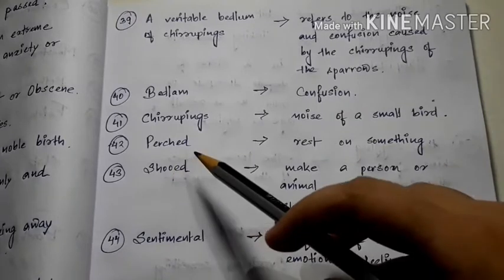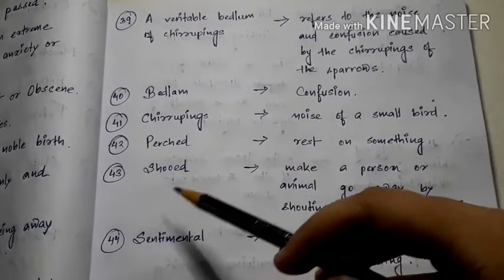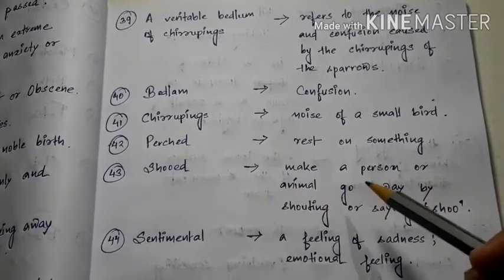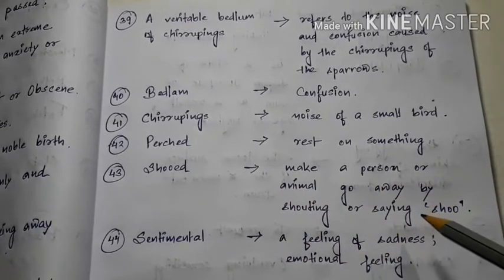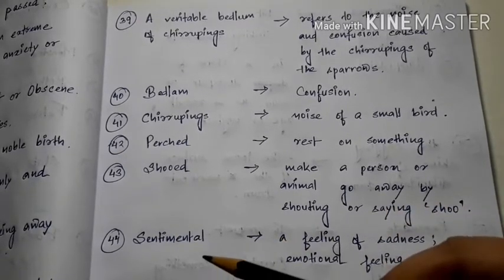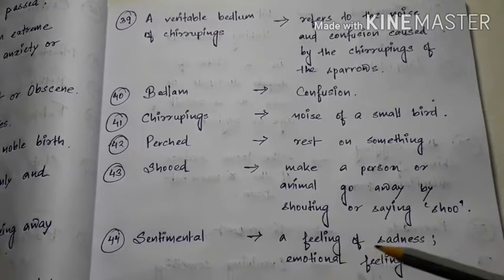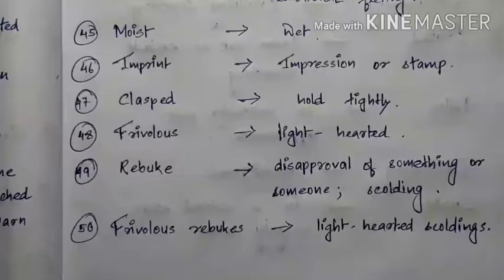Number 42, perched, meaning rest on something. Number 43, shoo, meaning make a person or animal go away by shouting shoo. Number 44, sentimental, meaning a feeling of sadness or a kind of emotional feeling.